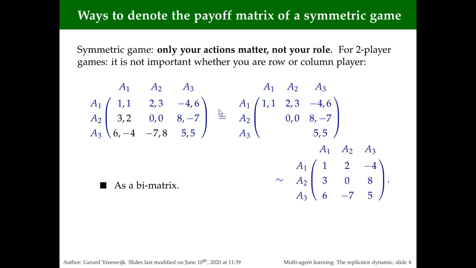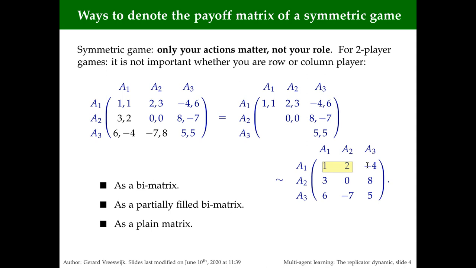So on the left is the bimatrix representation, and instead of this representation here as a partially filled bimatrix, we may represent a symmetric game as a plain matrix, like so.